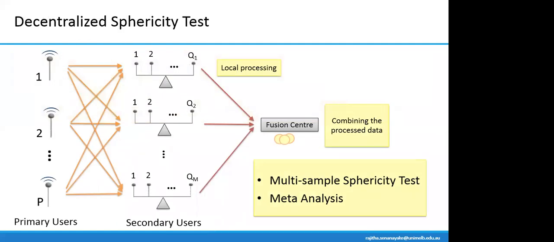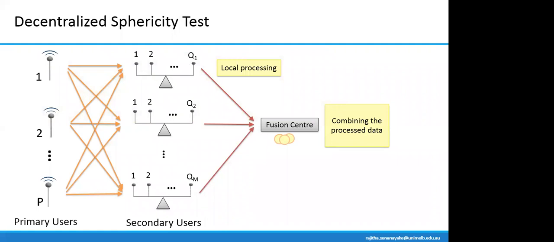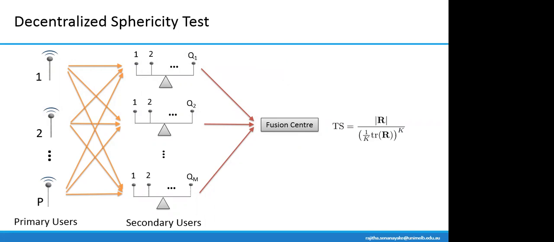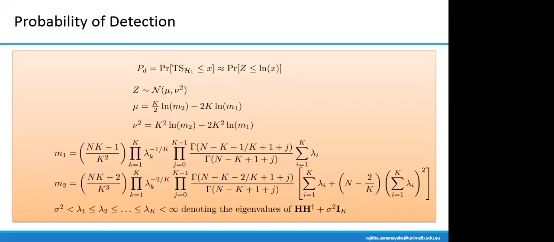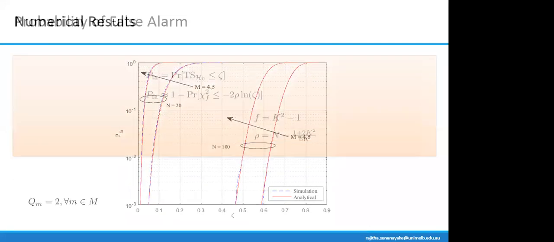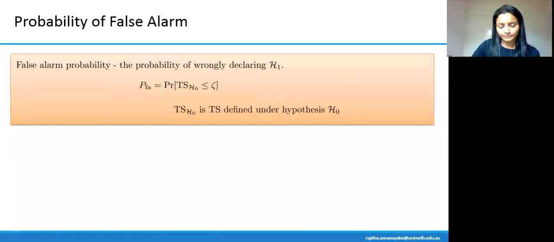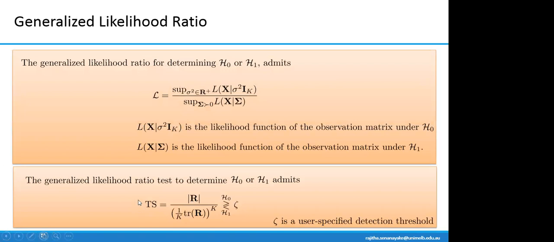Yes. In terms of the ratio of the determinant of R divided by the kth power of the trace divided by k.